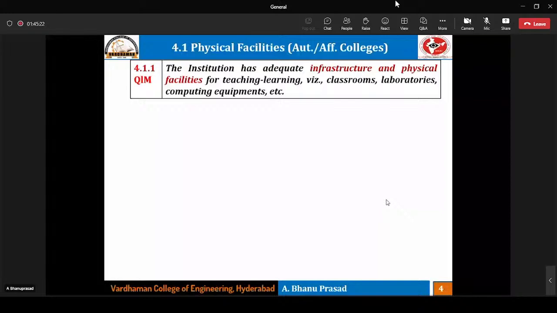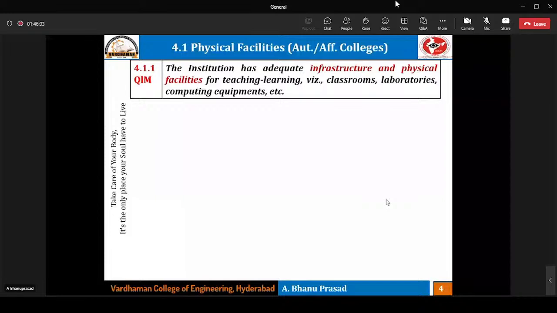Coming to the first key indicator, physical facilities, 4.1. We have 4.1.1, which is a QlM, the writing part. The institution has adequate infrastructure and physical facilities for teaching and learning: classrooms, laboratories, computing equipment, etc. As I said, the soul needs a body to work. In the same way, to make teaching effective, we need physical resources.